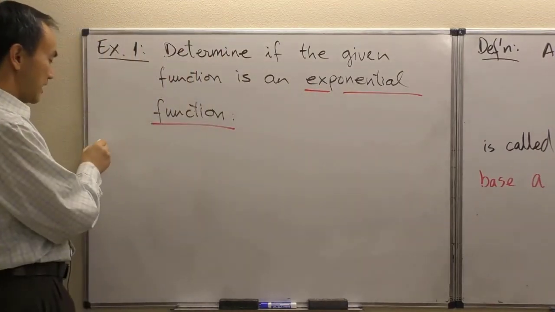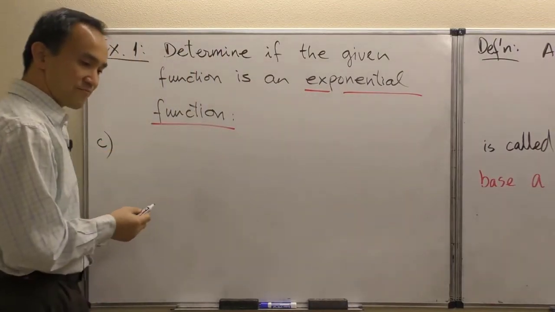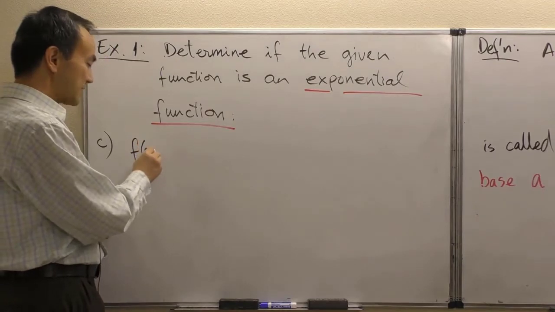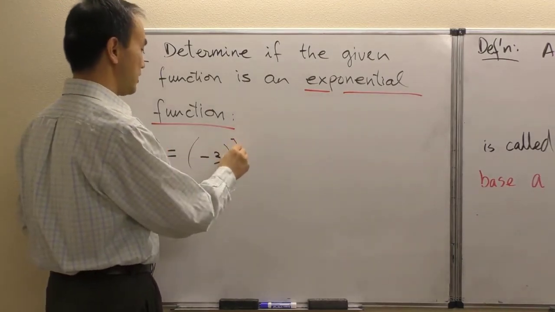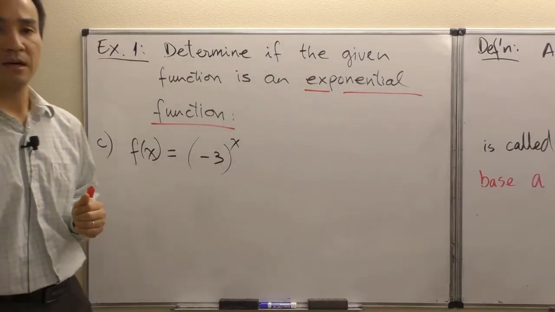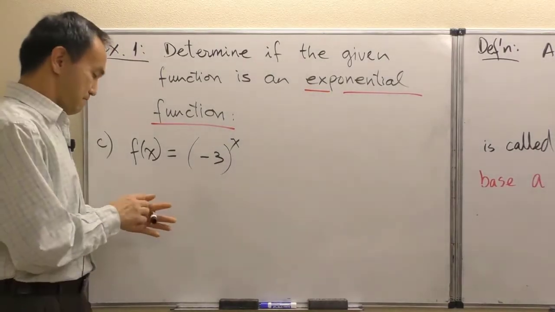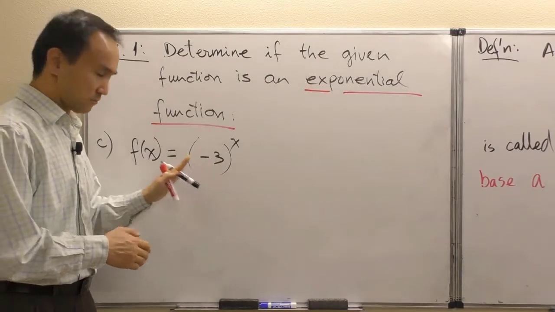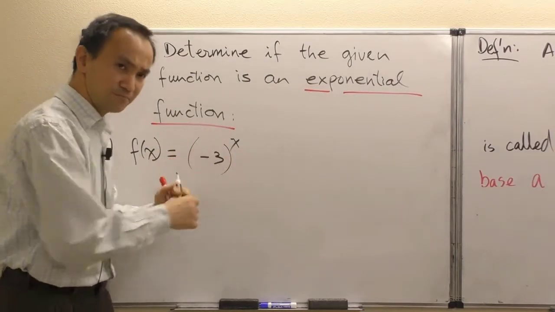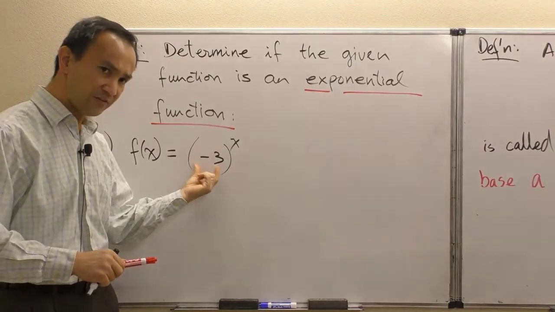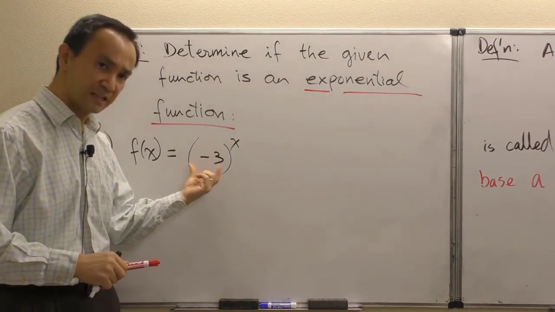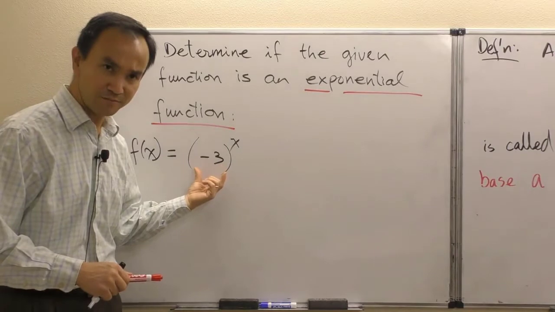All right, the next one, part C right here. Let's look at f of x equal to -3 to the x. Again, looking at the form, the setup, the definition of the function, we're looking at a given base, a given constant being the base.